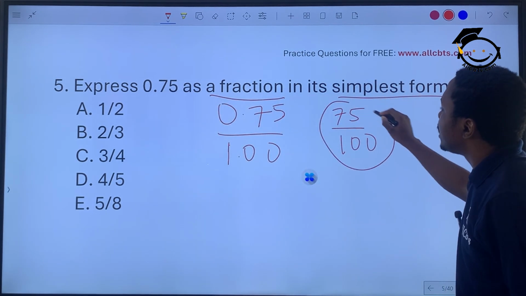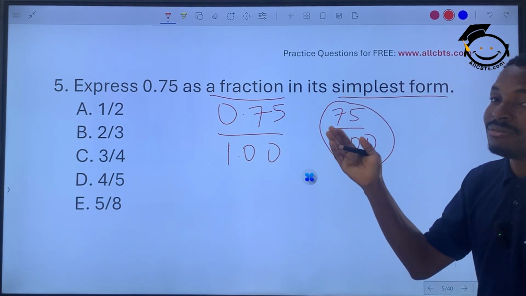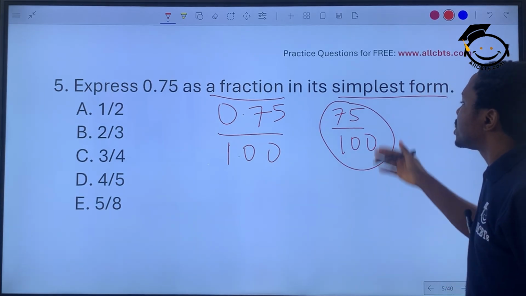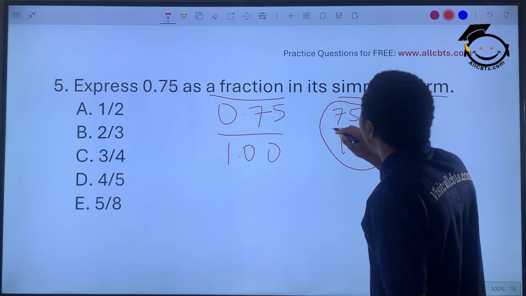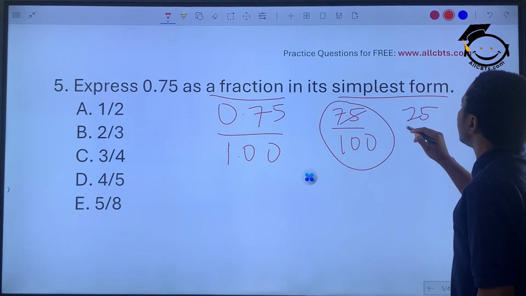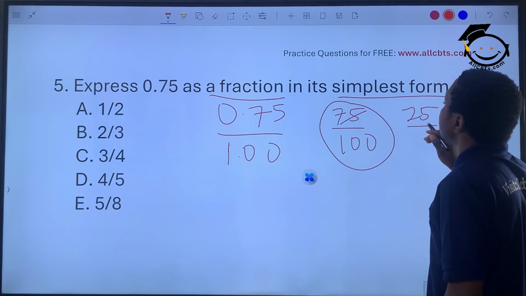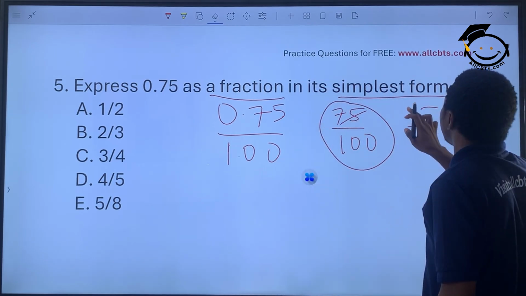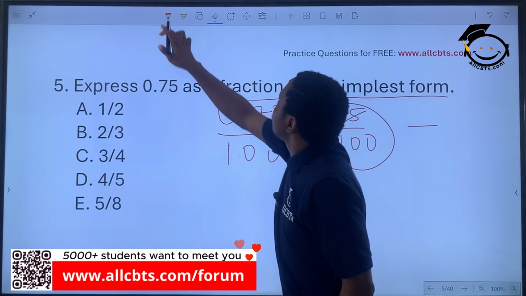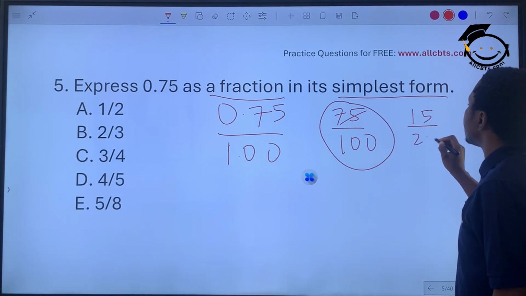Now the second part of the question says in its simplest form, meaning that we should divide it to its lowest. So what can go here and go here? Simple number. Let's use 5. So 5 will go here 15 times, and 5 will go in 100 twenty times.